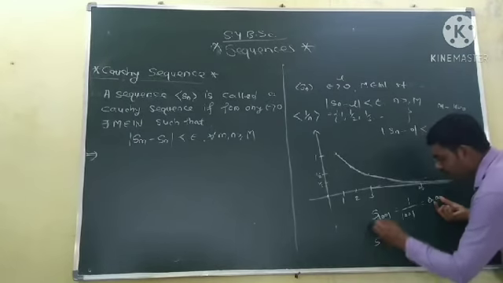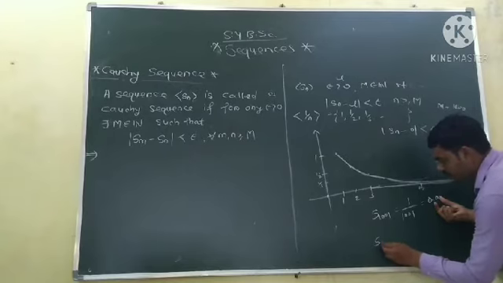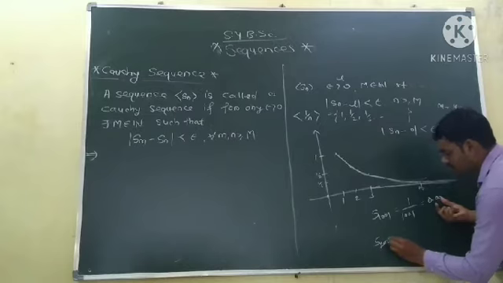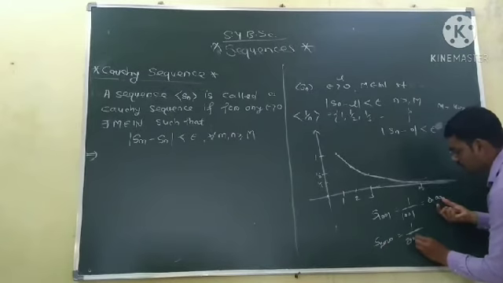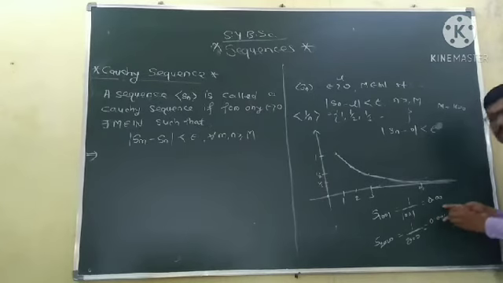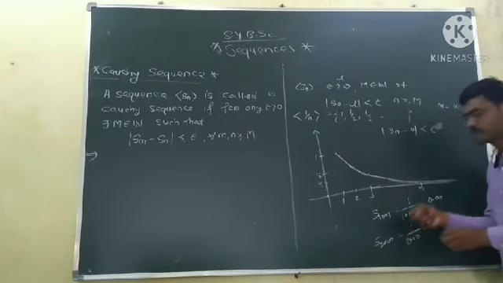Again take another value, say the 2000th term, 1 upon 2000, which will be 0.0005. The difference between these will become very small.